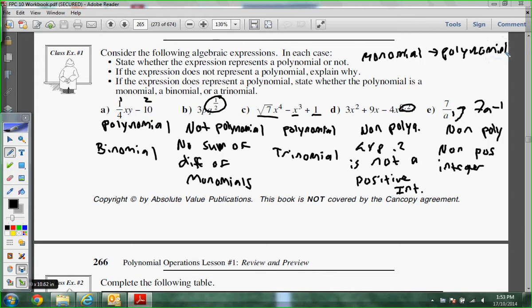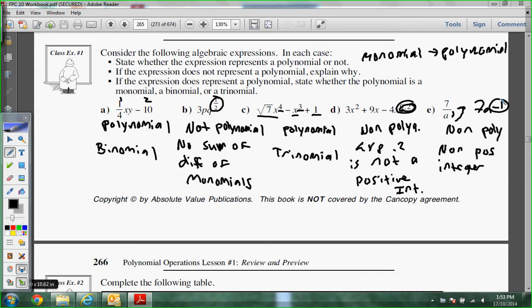A monomial is a polynomial, but the reason that the ones we canceled didn't work is that in order to be a polynomial, they have to have whole positive numbers for exponents. So that's not whole, that one's not, and this one ends up being negative. So that's why all three are not polynomials. I apologize. Okay? Tricks of the trade going through the book the first time, I mean.